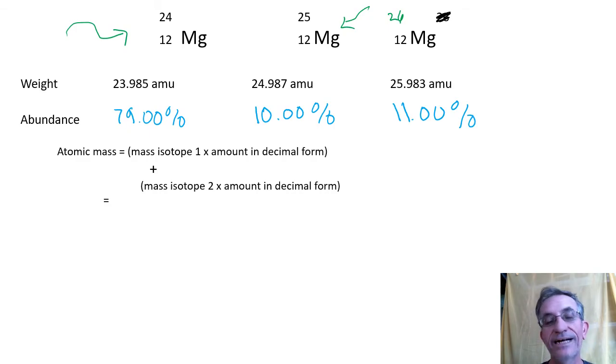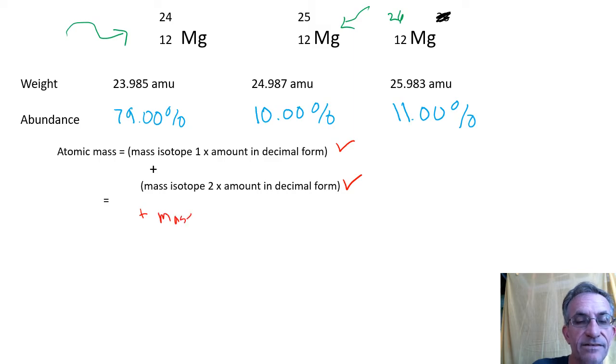And I'm going to make sure I take into account that one of them is way more common than the other one, the magnesium-24. So the way we do that is this equation, right? It's going to be the mass of the first isotope times its amount as a decimal number, plus the mass of the second isotope times its amount as a decimal number. Now let me remind you that there's actually three isotopes, so you actually have to do this a third time.